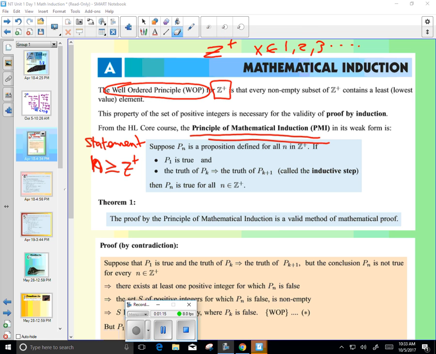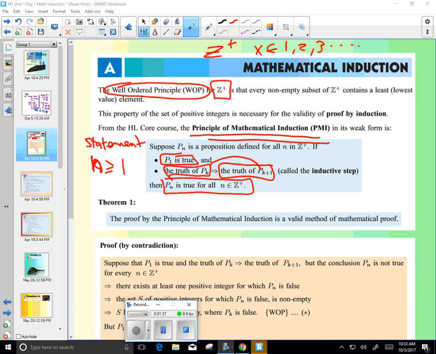But be careful, because it's not always 1. We start with 1 a lot, but not always 1. So P1, the first value, has to be true, and then we're showing that if it's true for every step from Pk to Pk plus 1, then it's true for all n as an element of those positive integers.